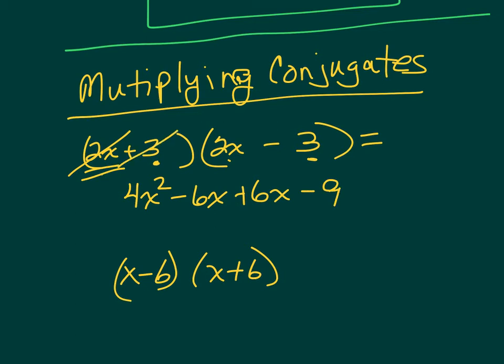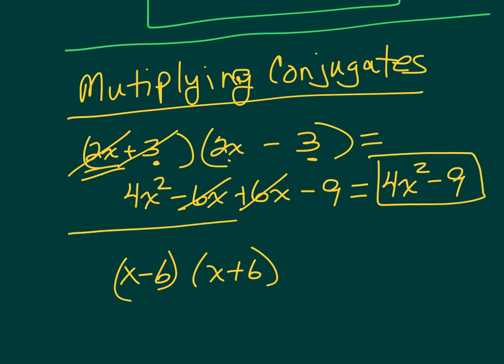Done with the 3. Done distributing. Now, do you notice something kind of unusual happens on this problem? The two middle terms, minus 6x and 6x, cancel each other out, and I just end up with 4x squared minus 9.